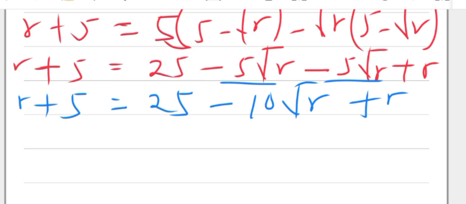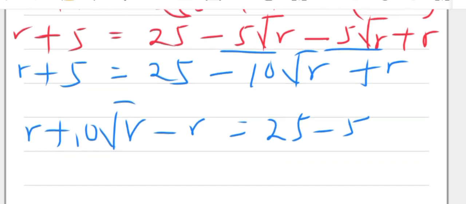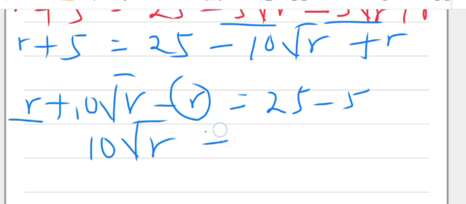Bringing those to the right hand side, we have r plus 10 root r minus r, because it has crossed the negative sign, equals 25 minus 5. This r takes away this r, so r on the left hand side is gone, and we are left with 10 root r equals 20.